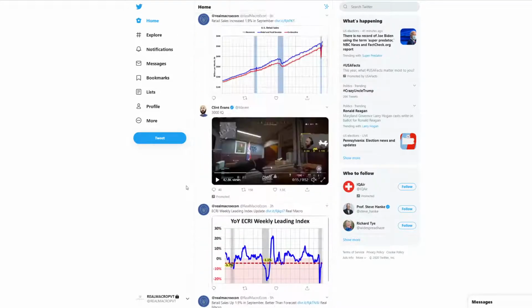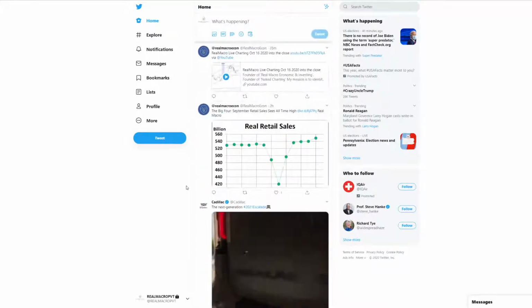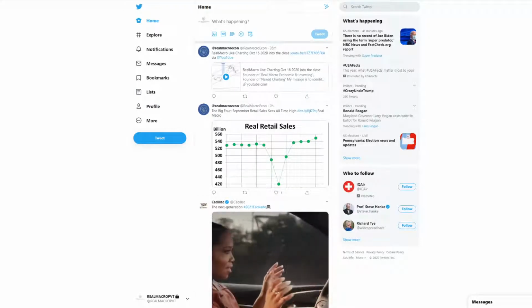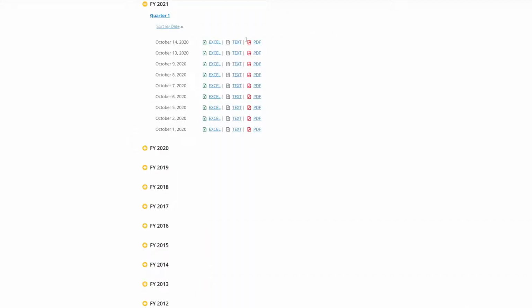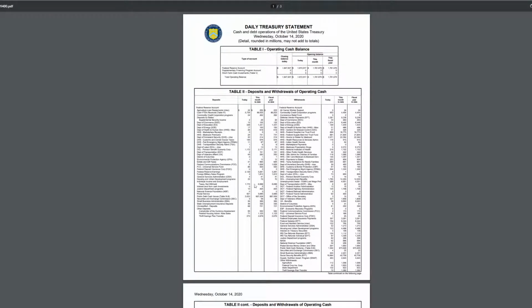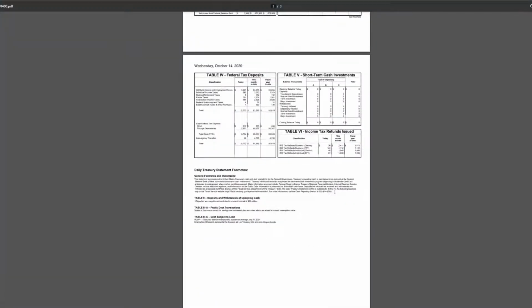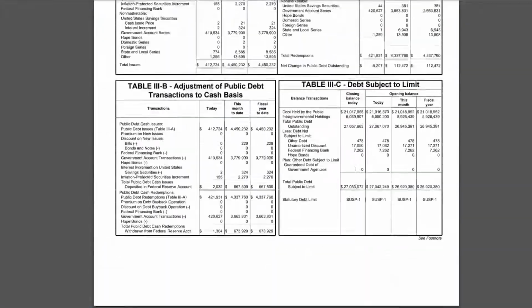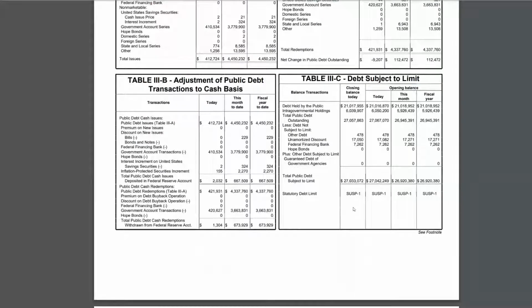All right. So, yep, retail was the big thing for today. Any other updates? Let's see what the deficit is for today. Where's 3C? Did I pass it? Yeah, there it is. 27.33. So the deficit hasn't really been rising as of late. It's kind of stuck at that $27 trillion.